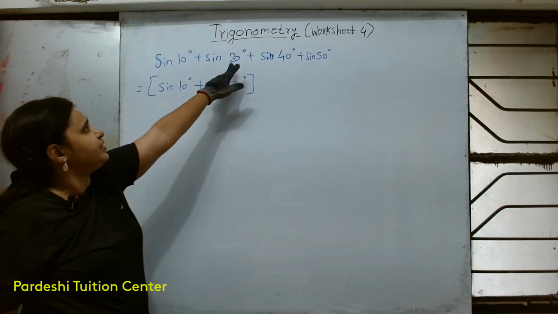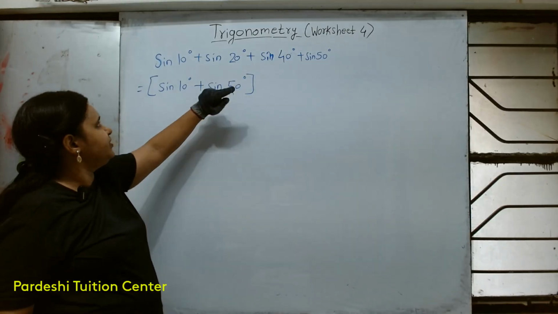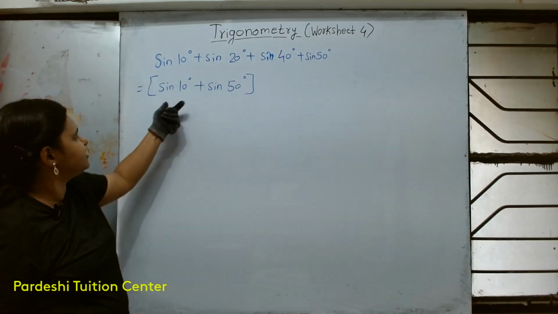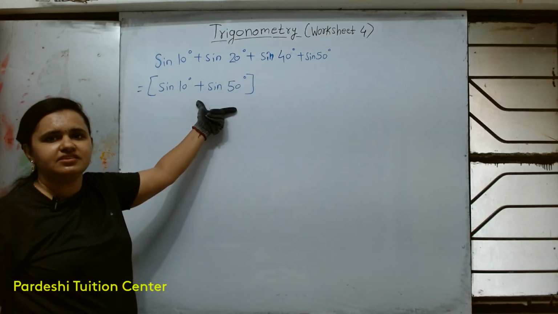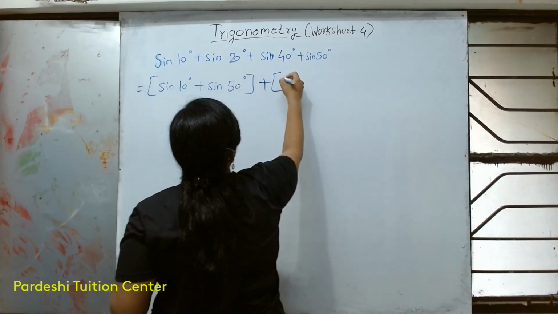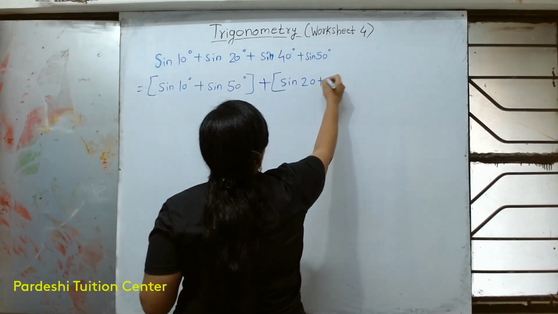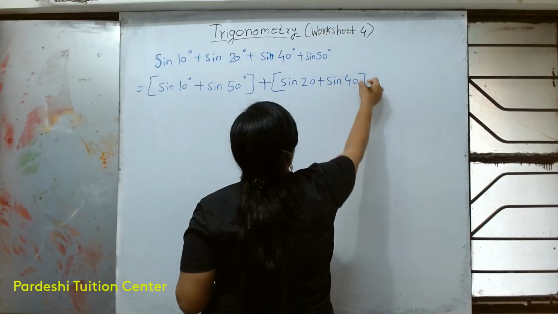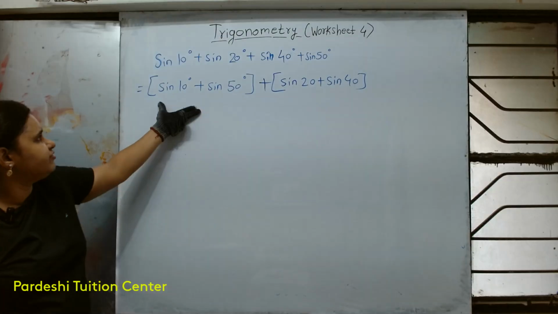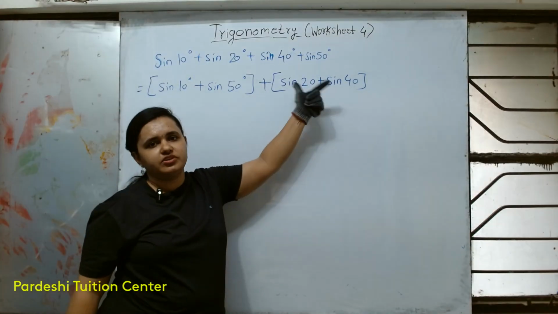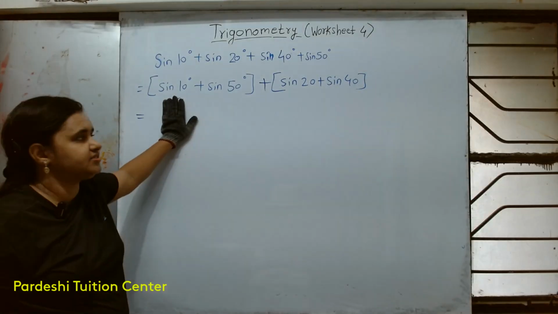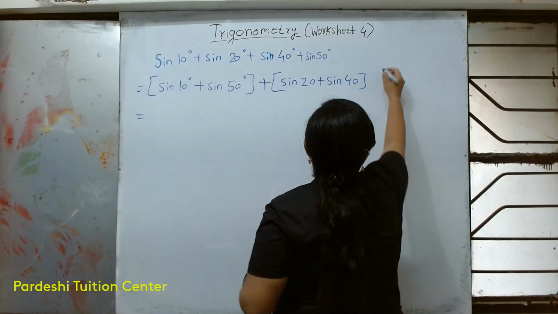If you take 10 plus 20, A plus B by 2 will be 15, so you have to calculate the value for sin 15. So it is easier to calculate sin 30. Okay, so I have taken sin 10 plus sin 50 in one place and sin 20 plus sin 40 in another. Okay, so if I apply the formula for sin A plus sin B, what was the formula for sin A plus sin B?